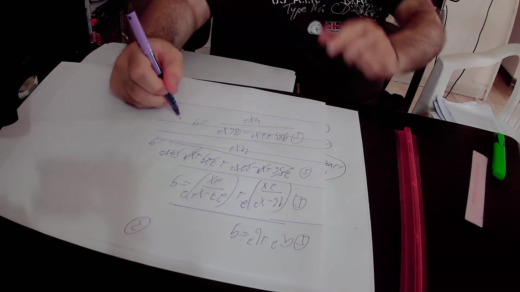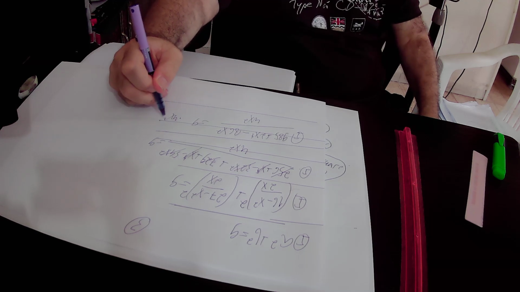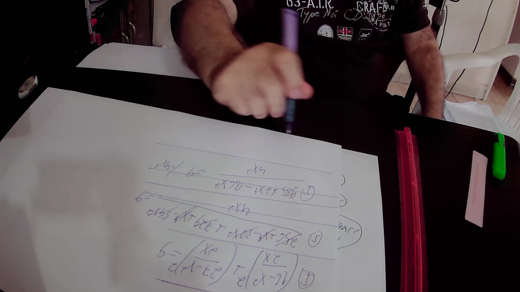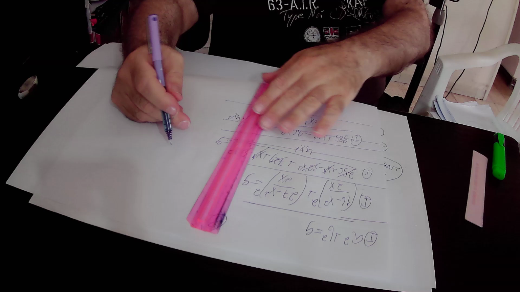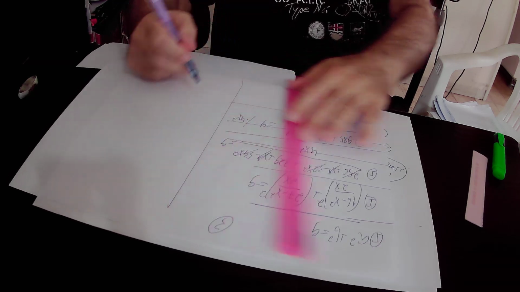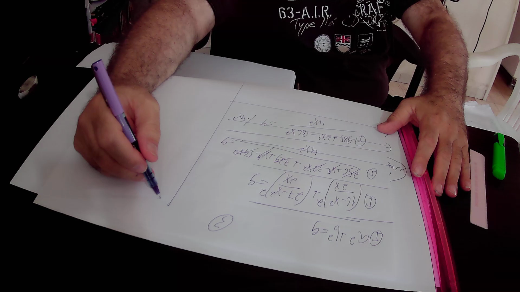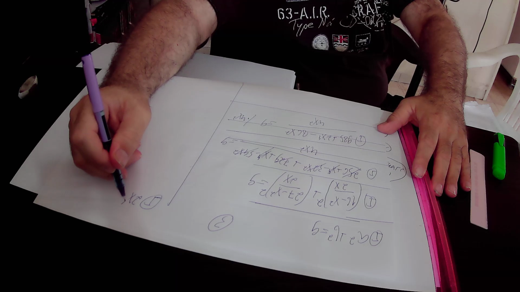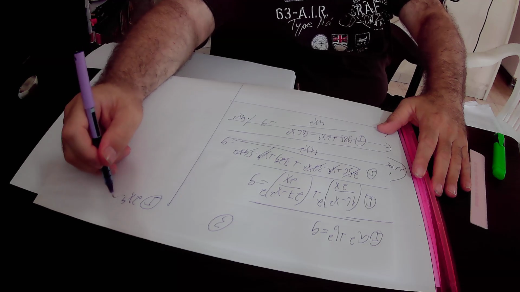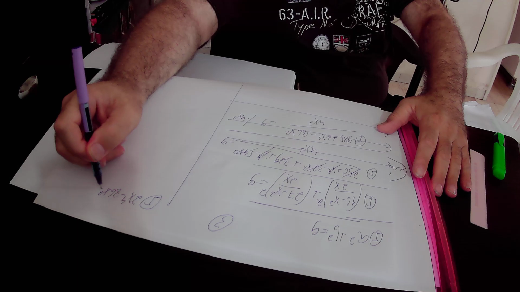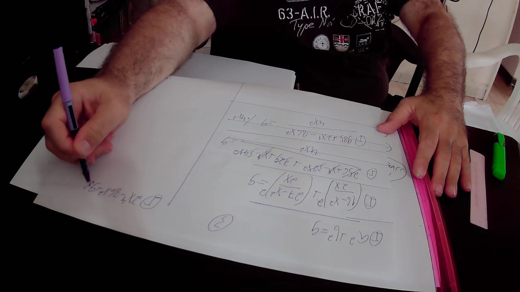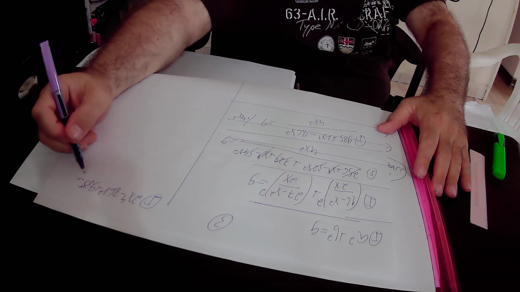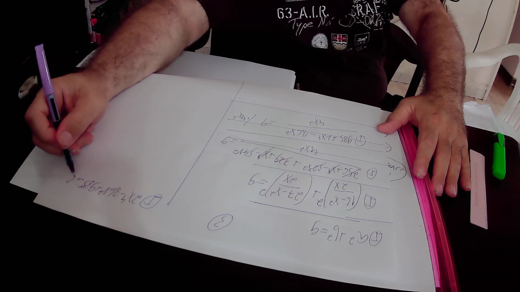Here we multiply this equation by 4x squared, and we get 2 times x to the power of 4 minus 86x squared plus 985 equals 9 times 4x squared, which is 36x squared.